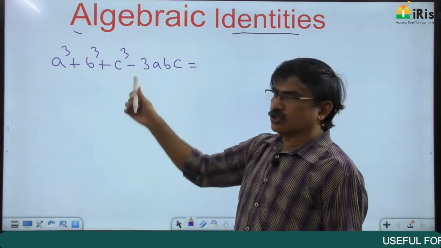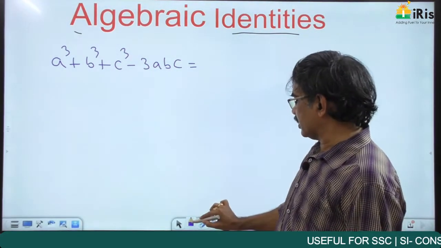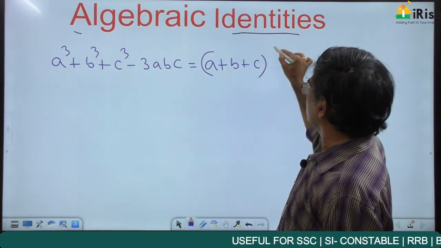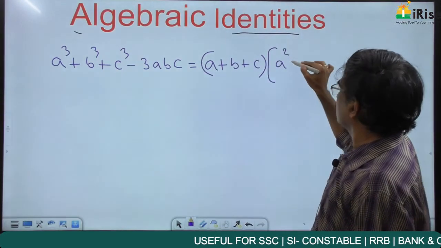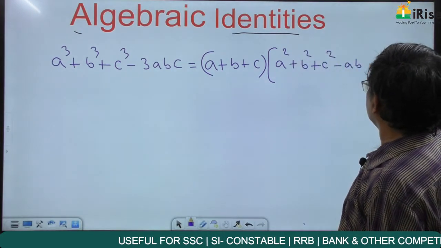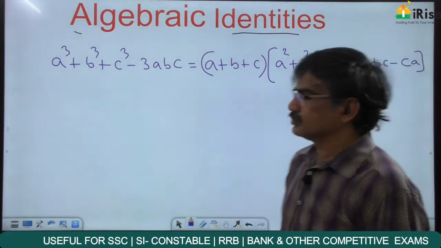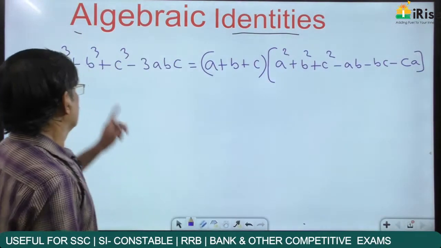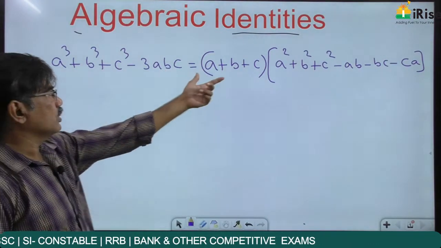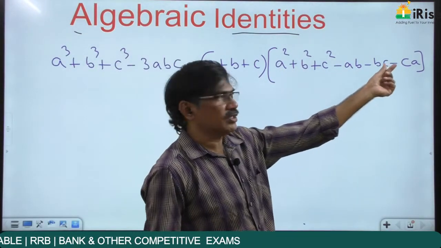The formula is (a plus b plus c) into (a square plus b square plus c square minus ab minus bc minus ca). See the formula: a cube plus b cube plus c cube minus 3abc is equal to (a plus b plus c) into (a square plus b square plus c square minus ab minus bc minus ca).